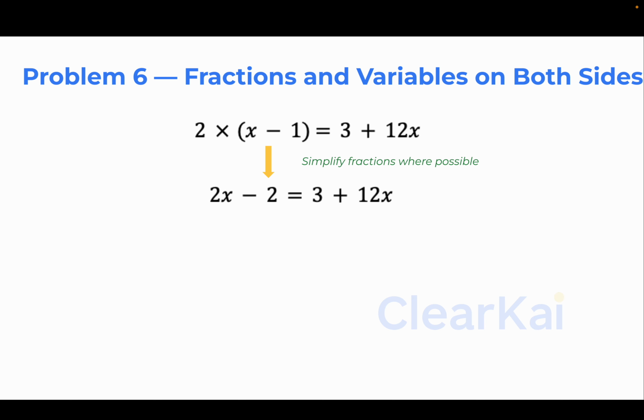Now we want to get all the x terms on one side and the numbers on the other. Let's subtract 2x from both sides and subtract 3 from both sides. Now we have negative 5 equals 10x. And finally, divide both sides by 10. So our answer is x equals negative 1/2.